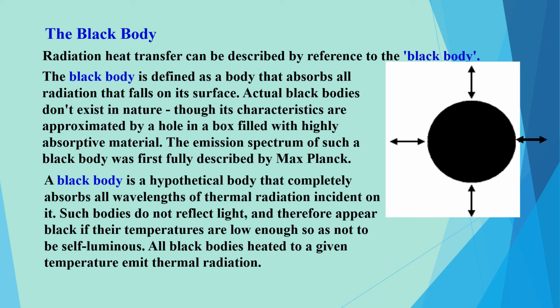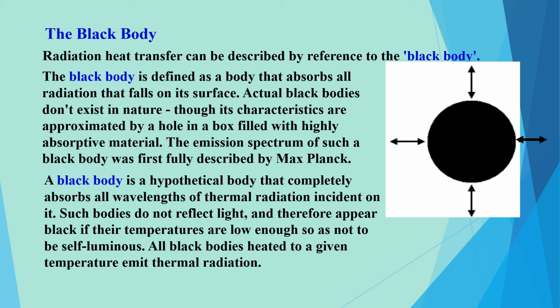The black body. Radiation heat transfer can be described by reference to the black body. The black body is defined as a body that absorbs all radiation that falls on its surface. Actual black bodies don't exist in nature, though its characteristics are approximated by a hole in a box filled with highly absorptive material. The emission spectrum of such a black body was first fully described by Max Planck.